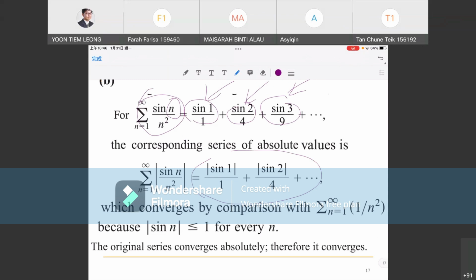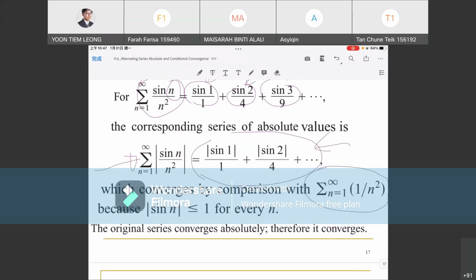So now you have a situation of the absolute value of sine 1 over 1 plus sine 2 over 4, and then you compare this term by term to this series. The absolute convergence of this series is not quite straightforward. You have to think of a trick, right? Let me try to write it out in another slide.